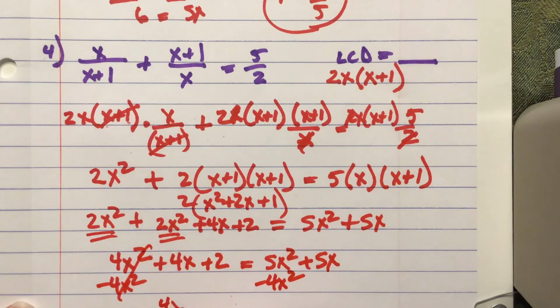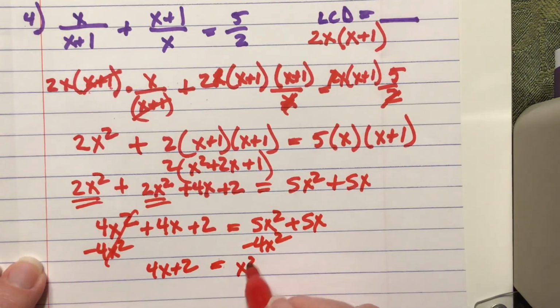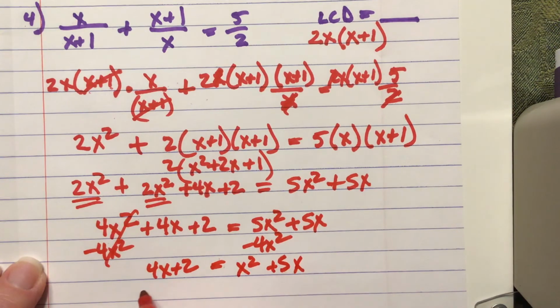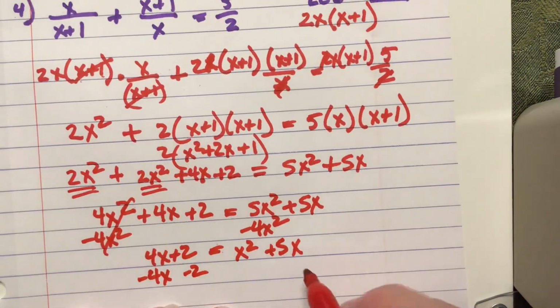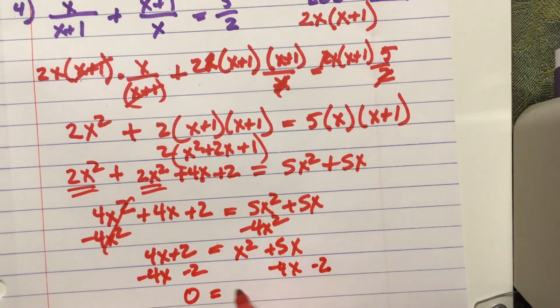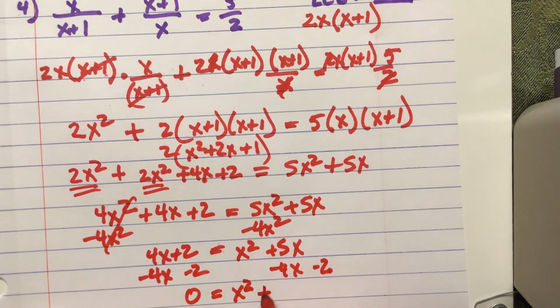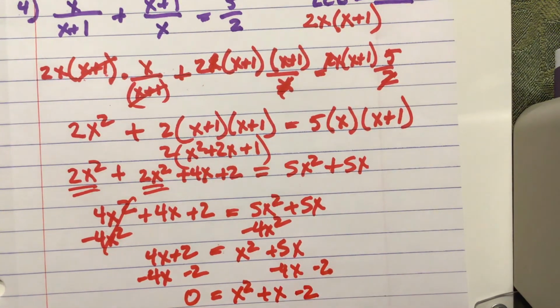And I get 4x plus 2 is equal to x squared plus 5x. I'm going to subtract 4x, subtract 2. I'll do that kind of at the same time. Minus 4x minus 2. So I have 0 is equal to x squared, and this becomes plus x minus 2.